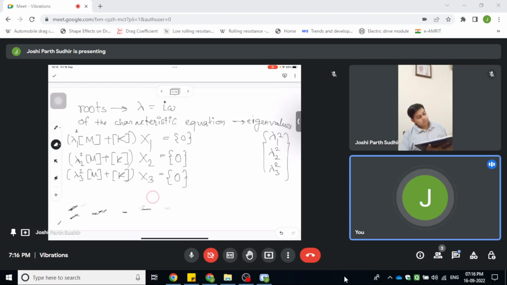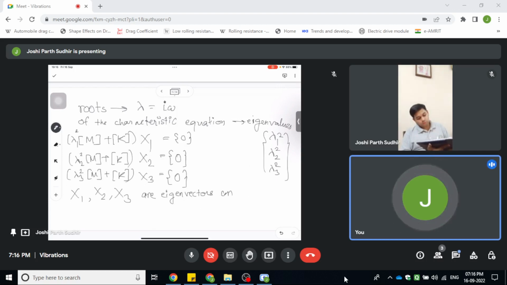So we will have these three sets of equations, so basically x1, x2 and x3 are eigenvectors corresponding to lambda 1 square, lambda 2 square and lambda 3 square.